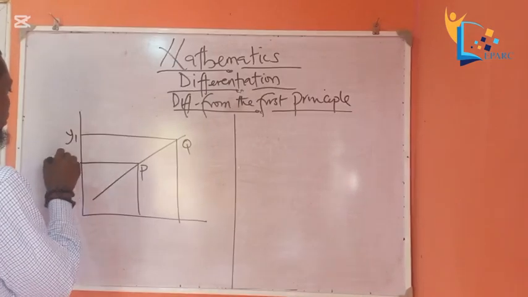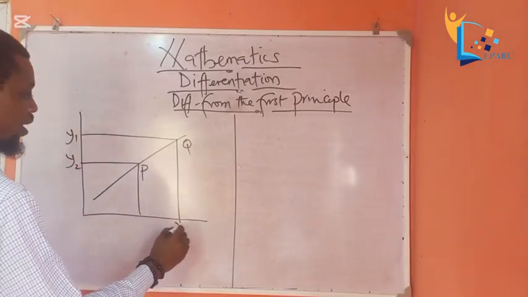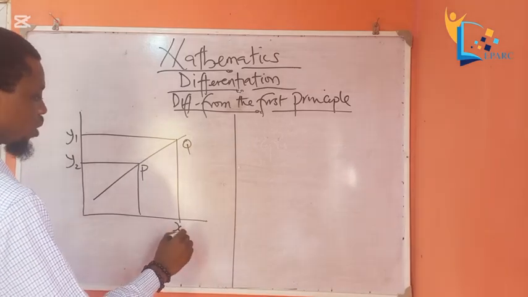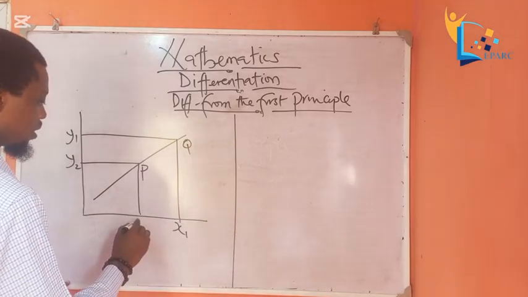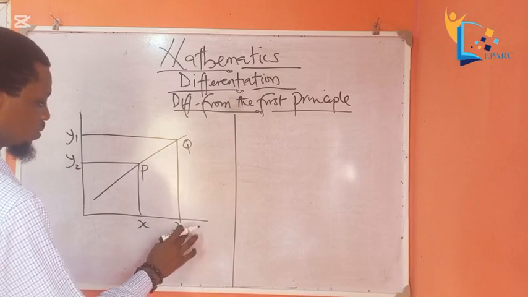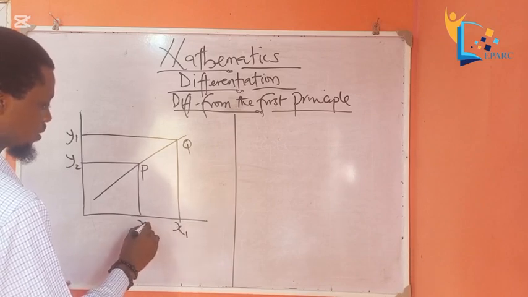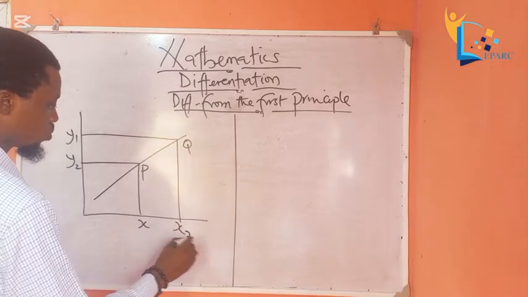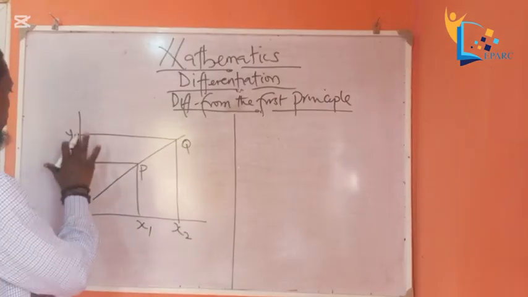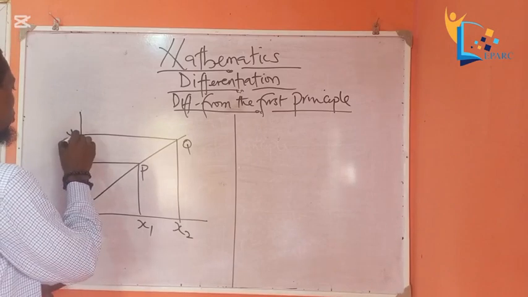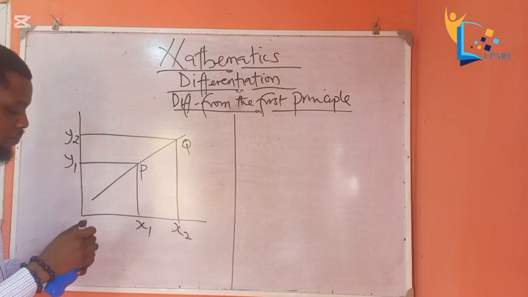So these are Y1 and Y2, and these are X1 and X2.